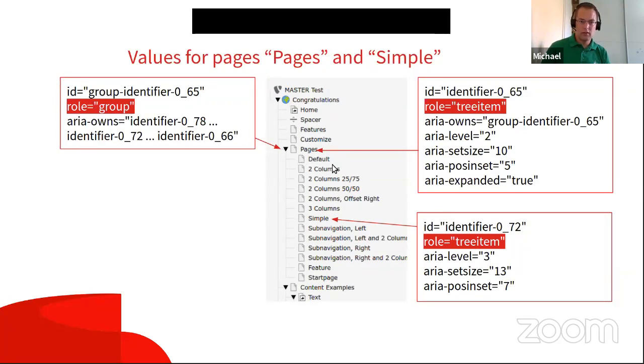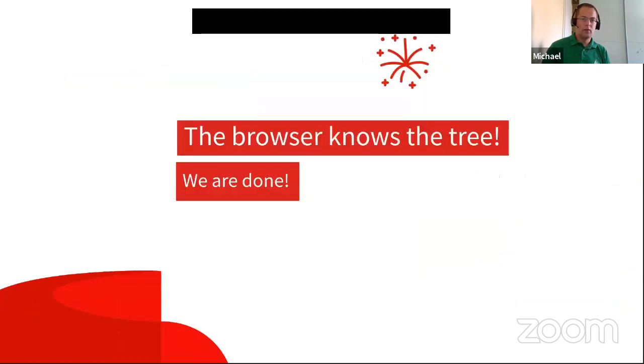All those nodes here, default, 2 columns, and the others are grouped in the group identifier, that is this link drawn before the element, and this owns all the children tree item elements. So the browser knows the tree. We are done. Yeah, great.